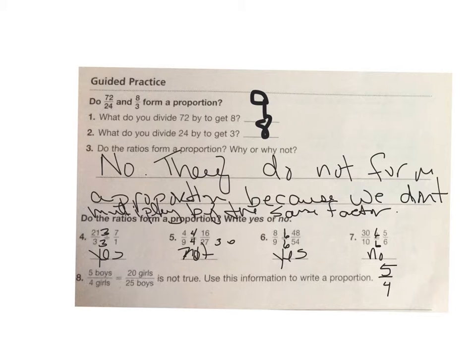So if I say 25 boys and then 20 girls, we would come up with 5 times 5 is 25, and 5 times 4 is 20. The information is true. The ratios do form a proportion, but we have to compare girls to girls and boys to boys. Let's look at the next section.